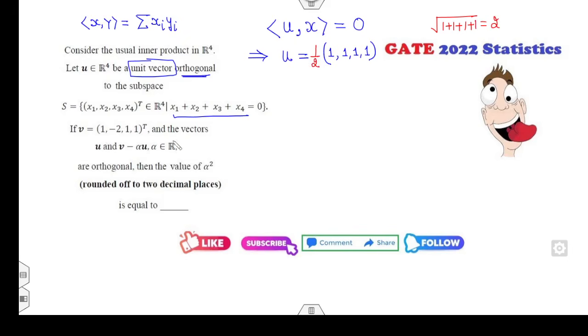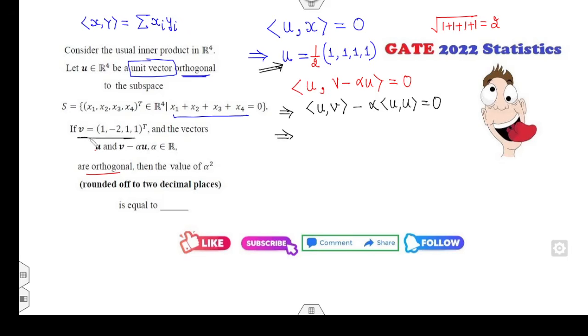Let v be given and the vector u are orthogonal. What is given to you? u, v minus alpha u, which is 0, is given to you. So now you can open them. u, v minus alpha is outside, u, u. So can you find the dot product of the given vector u and the given vector v?